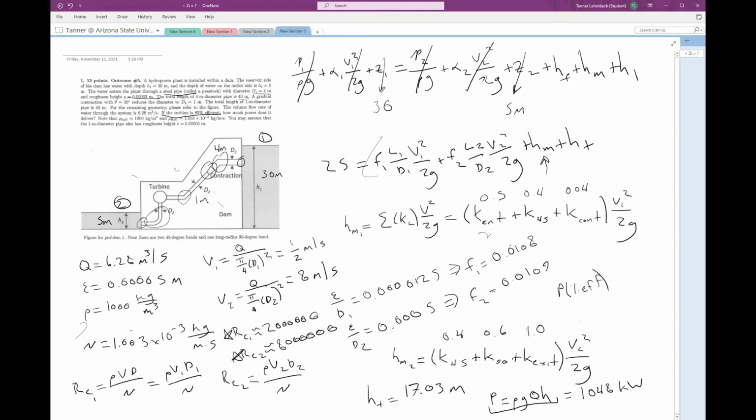If I do that, my actual power ends up being closer to 891 kilowatts, substantially less than my theoretical value. So that's how I would go through and solve a pipe flow problem with head loss.